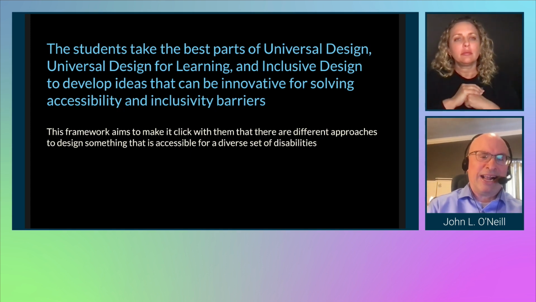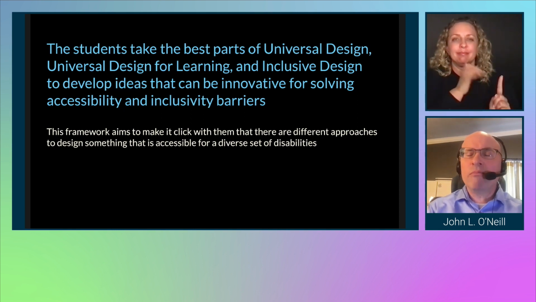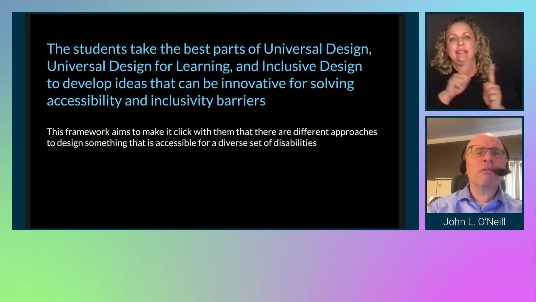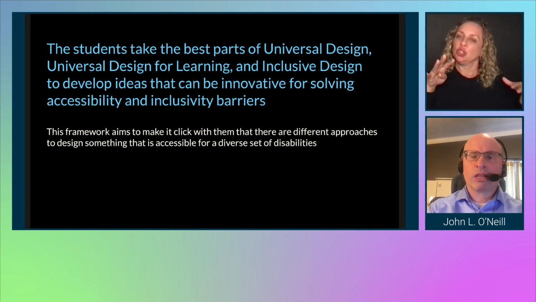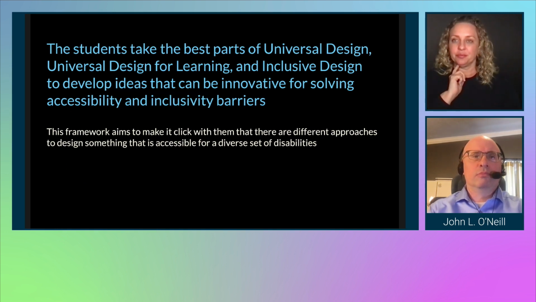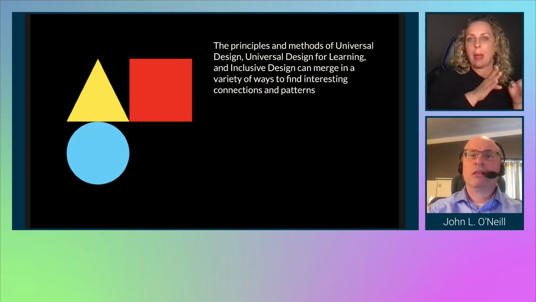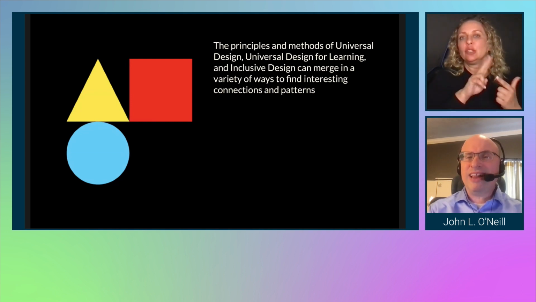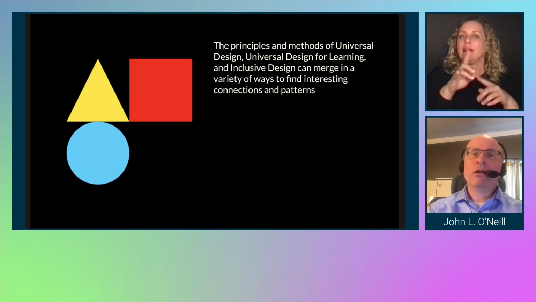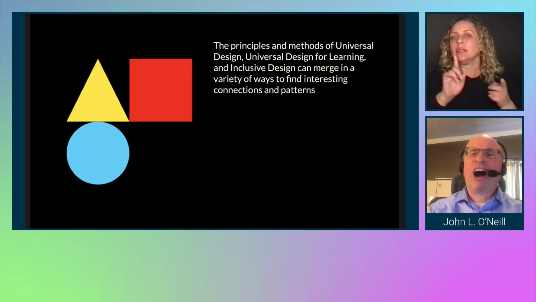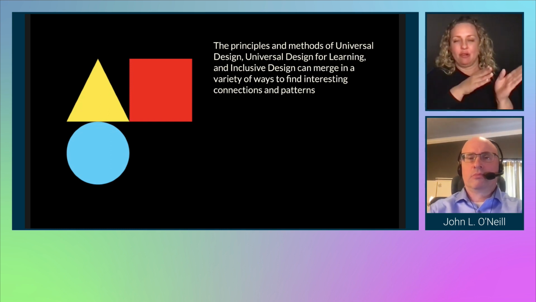This framework aims to make it click with them that there are different approaches to design something that is accessible for a diverse set of disabilities. The principles and methods of universal design for learning and inclusive design can merge in a variety of ways to find interesting connections and patterns.